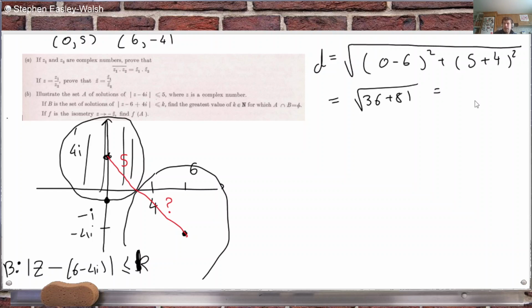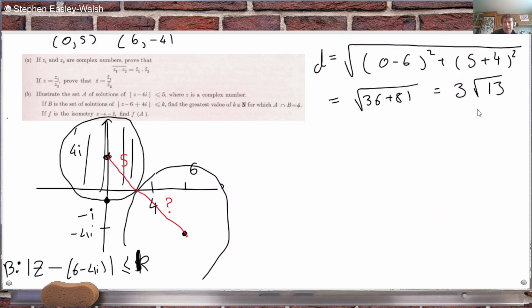What's that? Is that 11? That would be nice. No. 3 root 13. I don't like that at all. 0, 5, 6 minus 4. 0 minus 6. Alright, fine.